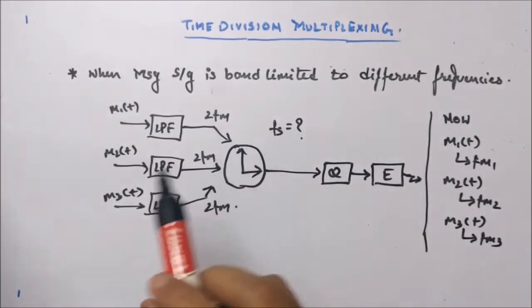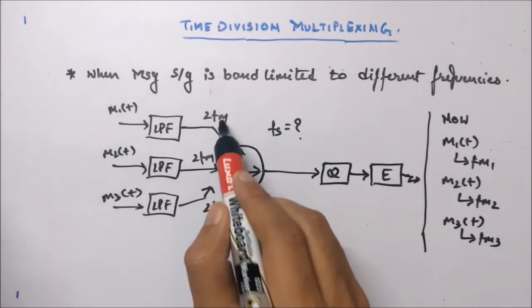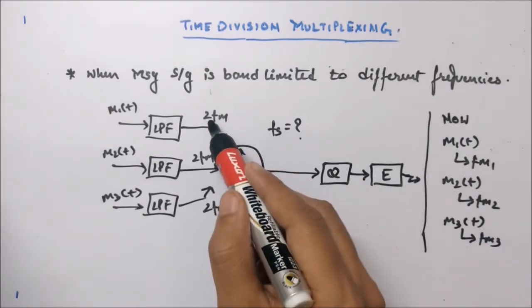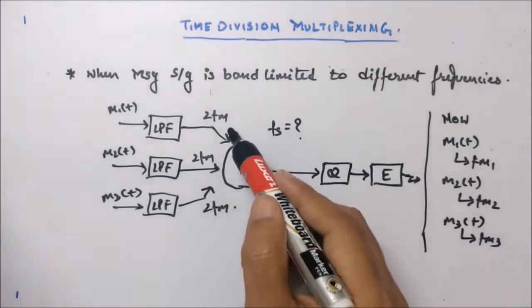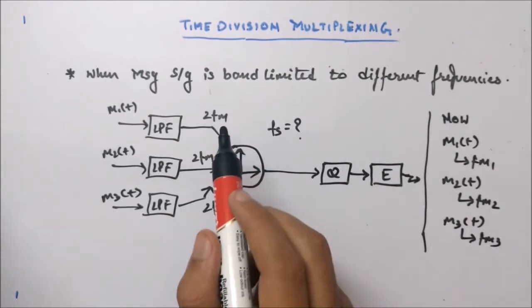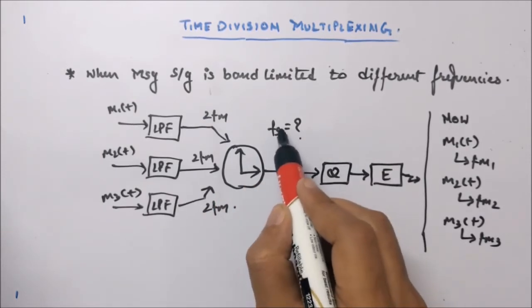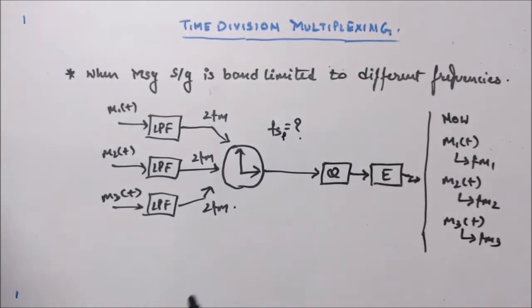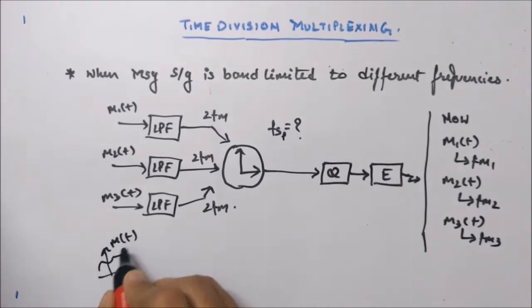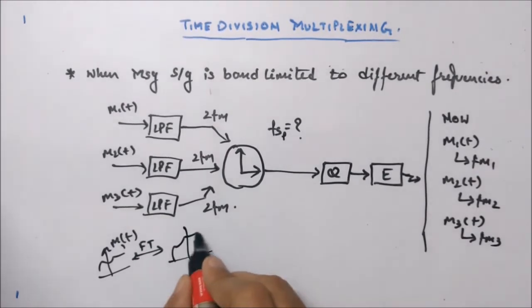Previously, all these message signals were band limited to fm, and that is why our Nyquist rate was 2 fm, 2 fm, 2 fm. Since all of them were sampled at the same Nyquist rate, our speed of commutator was equal to the Nyquist rate. Now what I mean by band limited is, some signal will be there in time domain as m1(t), and its Fourier transform will look something like this, let's say.